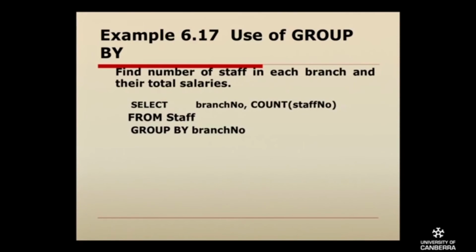The attribute that you're grouping by appears in the select and in the group by. So the answer would be, in this case, branch B001, 20 people, branch B002, 5 people, etc.